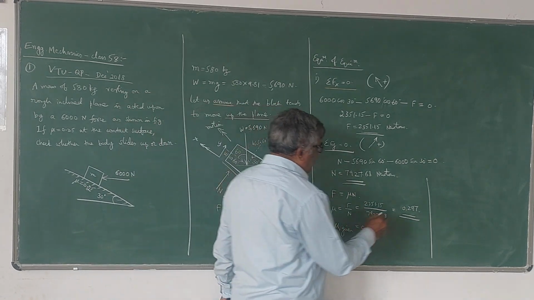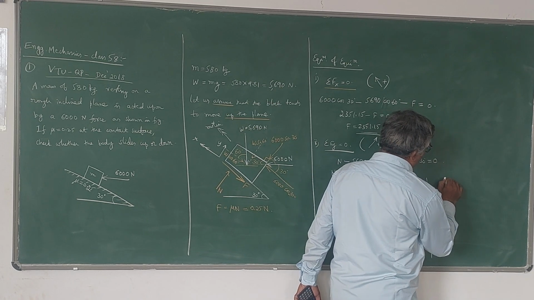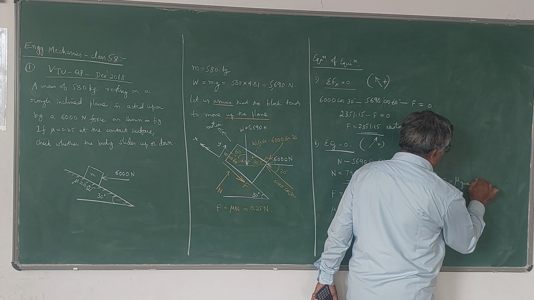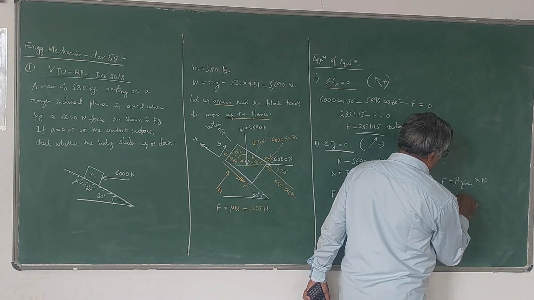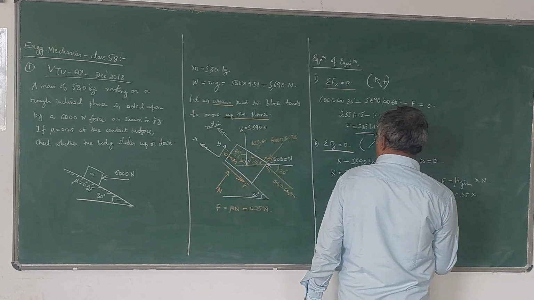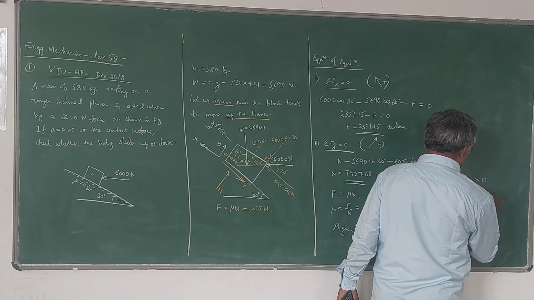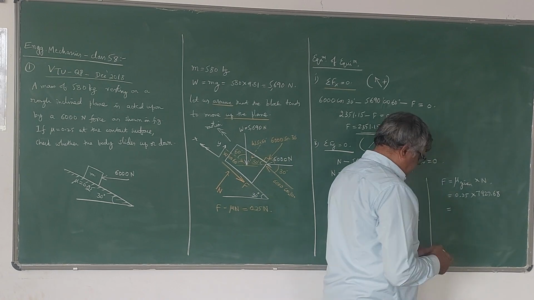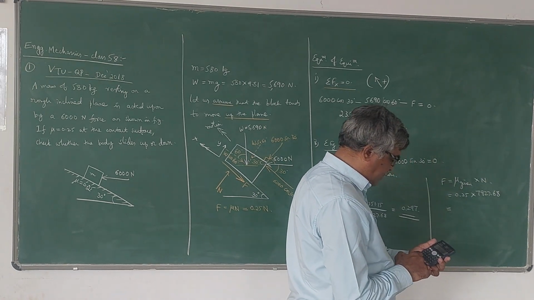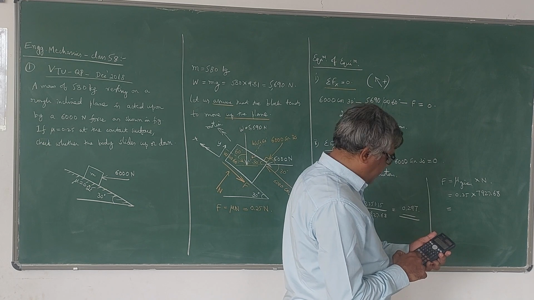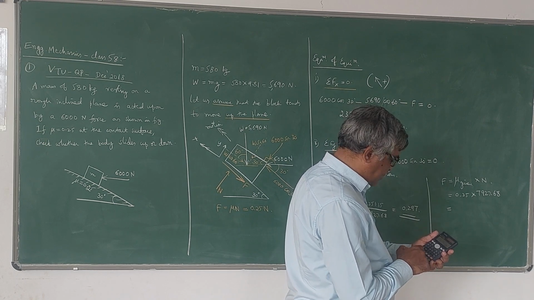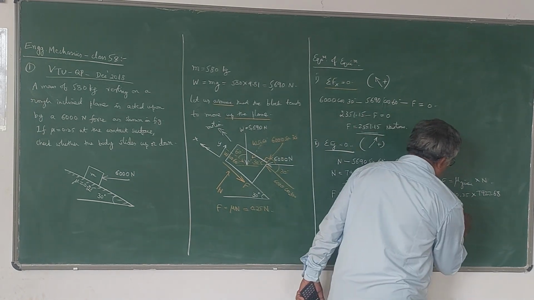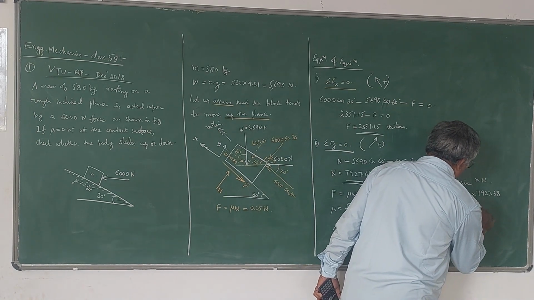That means if you calculate the F value by taking mu given into N, it is 0.25 into 7927.68, that is 1981.92 newtons.